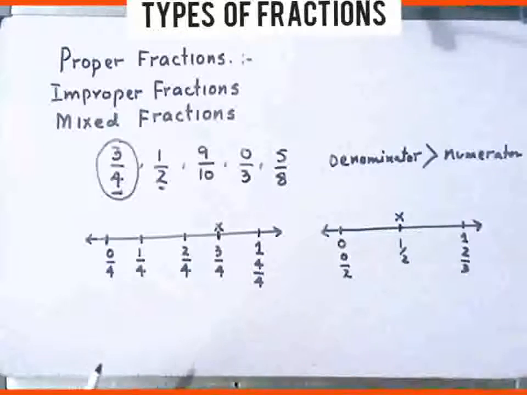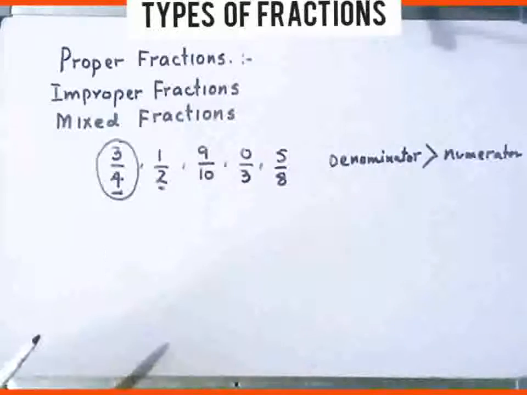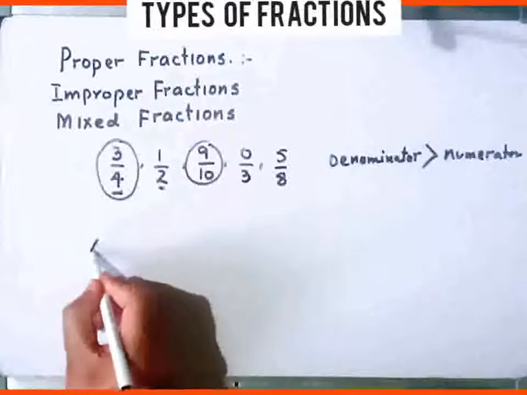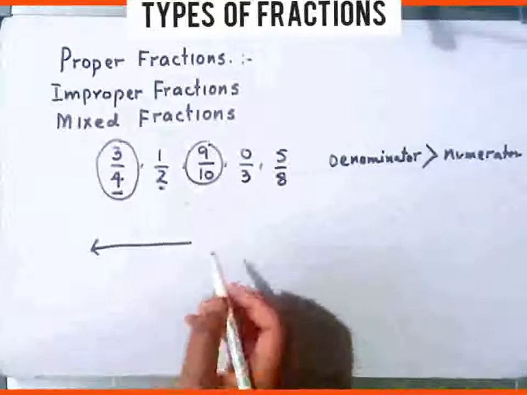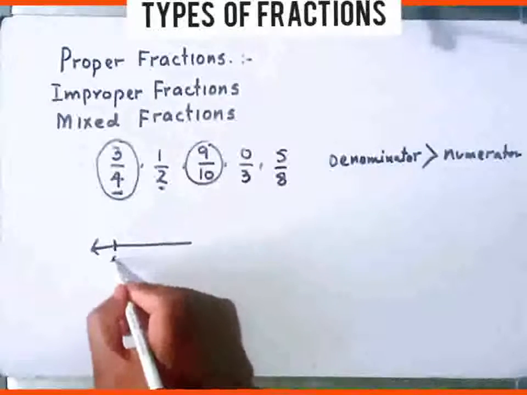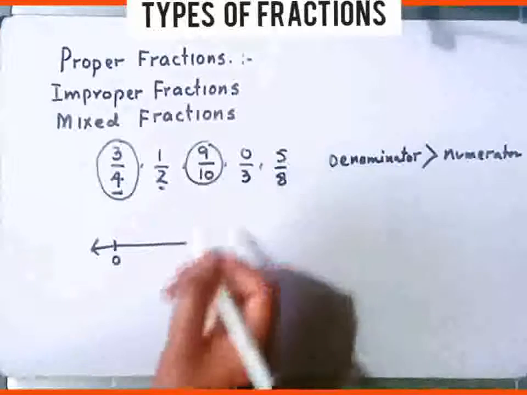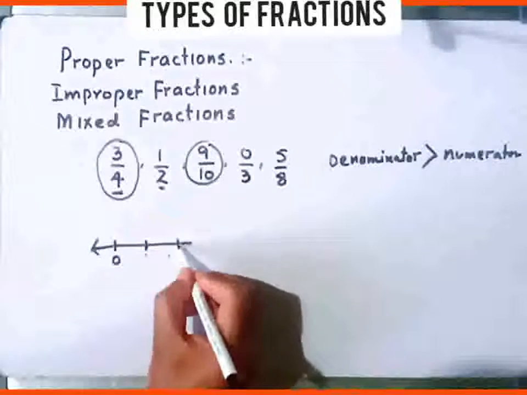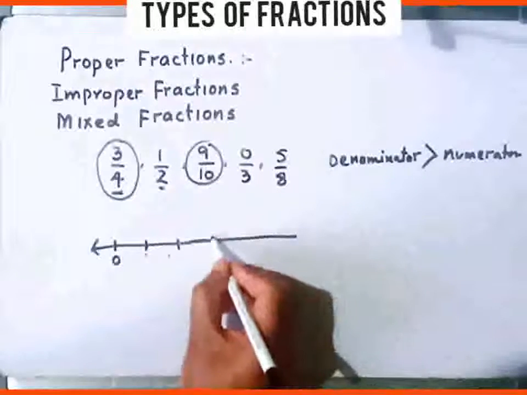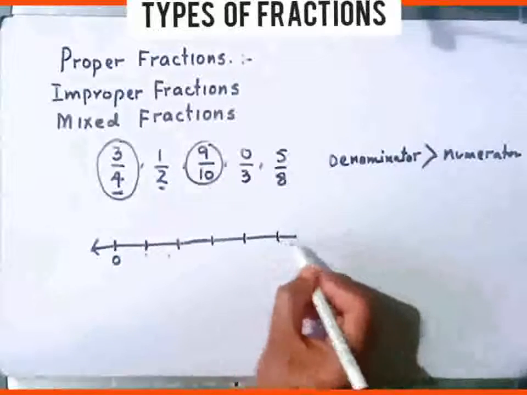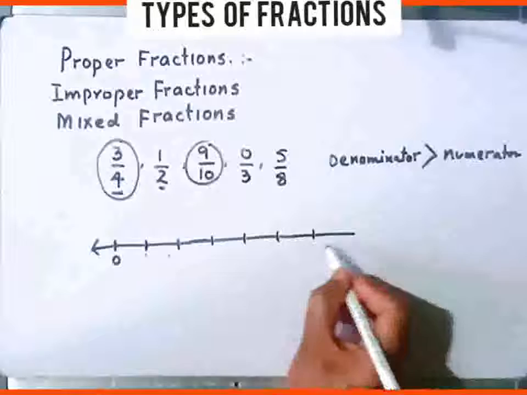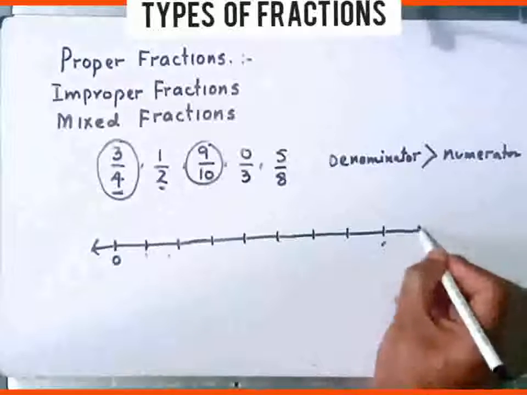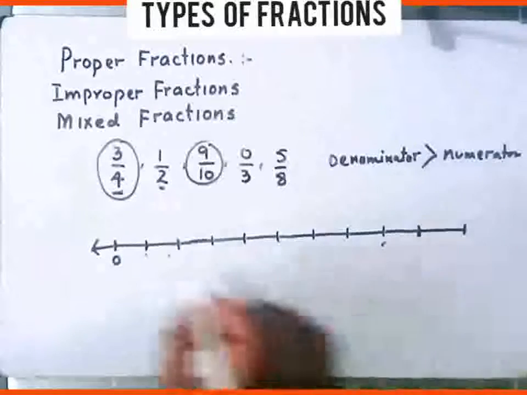Let's take another number, 9 divided by 10. In the case of 9 divided by 10, we have to divide the distance between 0 and 1 into how many equal parts? Since the denominator is 10, into 10 equal parts. 1, 2, 3, 4, 5, 6, 7, 8, 9, 10.